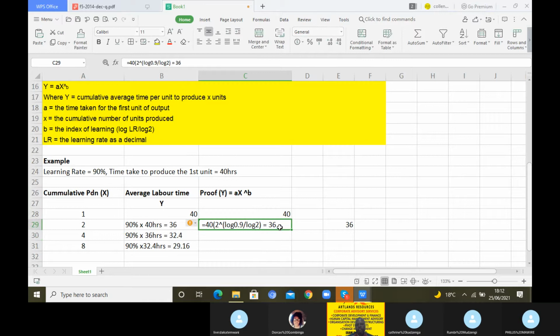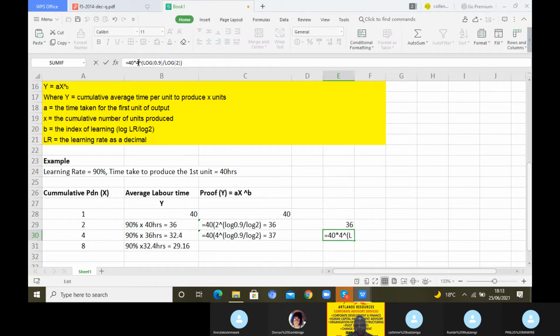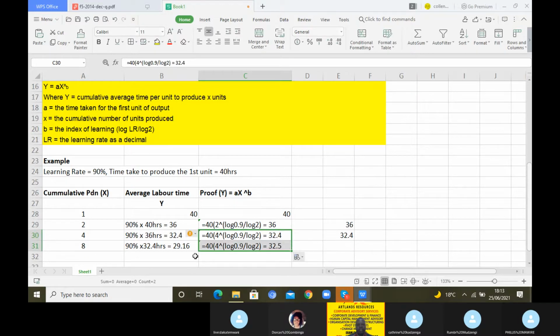So if you want to go to the second, you can still do the same. 40 times, this time it's not 2 because our x is now 4. Here you can prove whether this formula works by putting 4 instead of 2, and notice we are getting 32.4. So clearly this formula works.